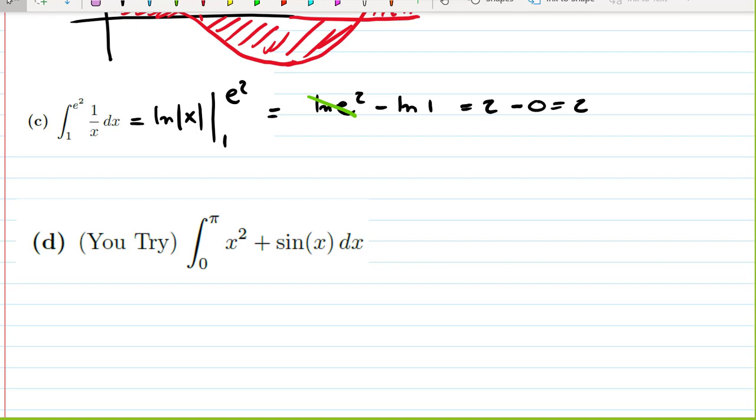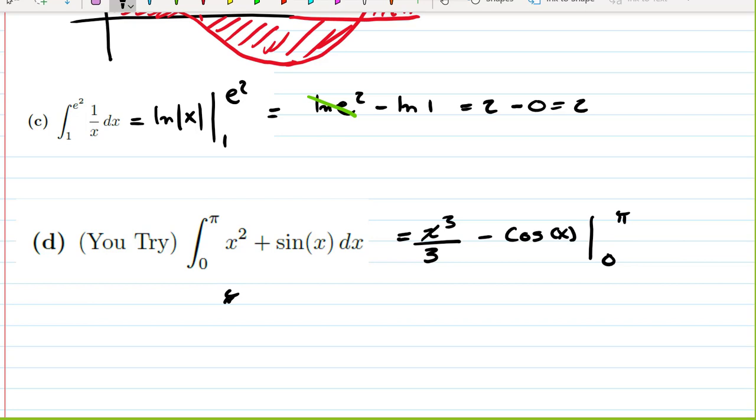All right, so we need to find the antiderivative. So the antiderivative of a polynomial is we add 1 to the exponent and then divide by it. So 2 plus 1 gives us 3, and then we divide by 3. And then the antiderivative of sine is negative cosine. So then we evaluate that from 0 to pi.